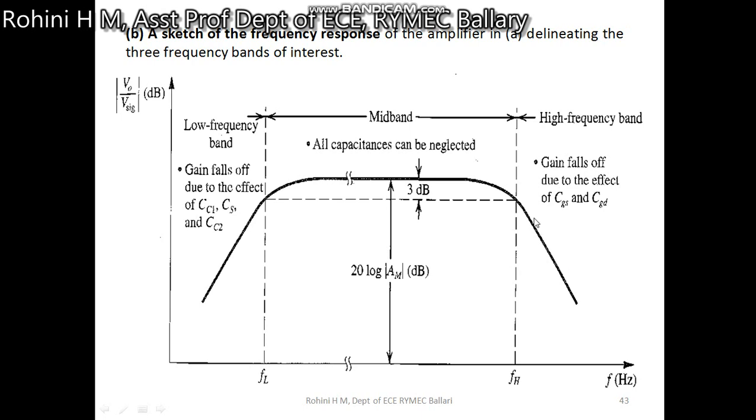Here also the gain falls due to the effect of CGS and CGD. Here it is due to the effect of the coupling capacitances and the source capacitance. So this is frequency versus gain. V out by V signal is your gain expressed in dB. So what are the three frequency bands? The low frequency band, mid band and the high frequency band.